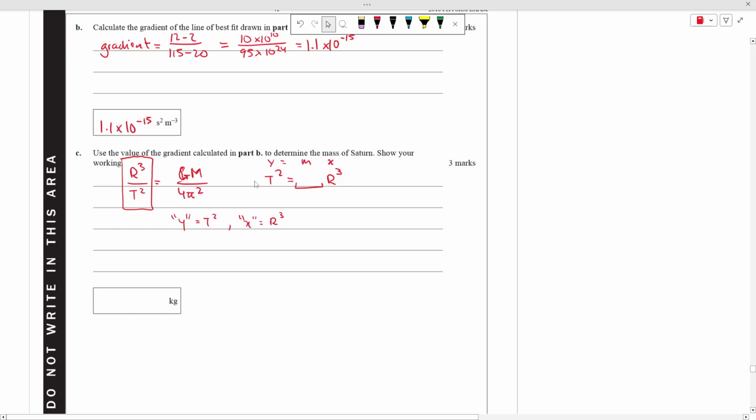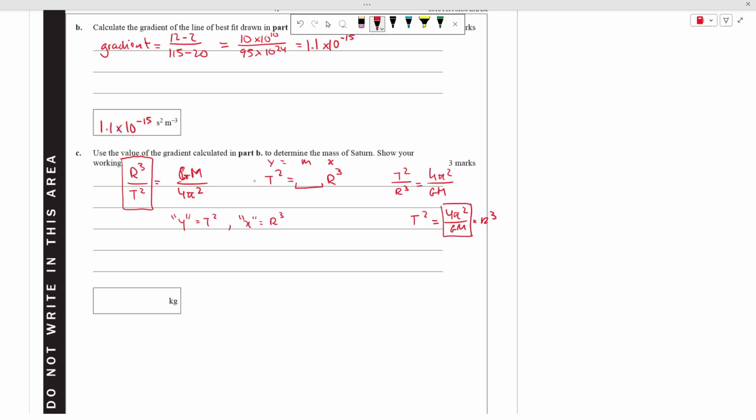Now, that's where I was going with the rearranging before. So if I flip those two fractions, I get t squared over r cubed equals 4 pi squared over GM. And so t squared equals 4 pi squared over GM times r cubed.